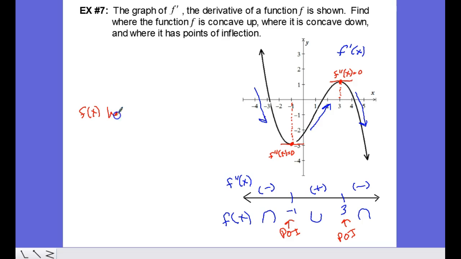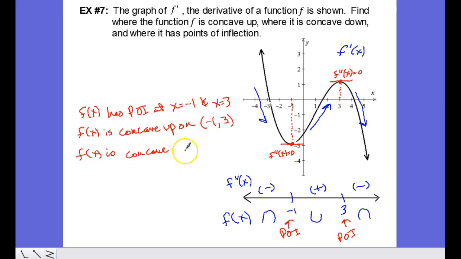F of x has points of inflection at x equals -1 and at x equals 3. F of x is concave up on the interval from -1 to 3. F of x is concave down on the intervals -∞ to -1 union 3 to infinity.